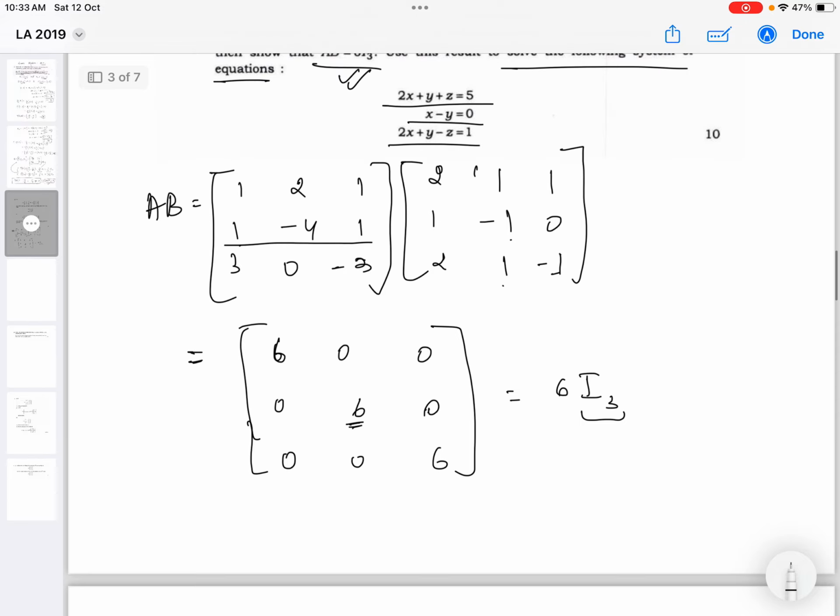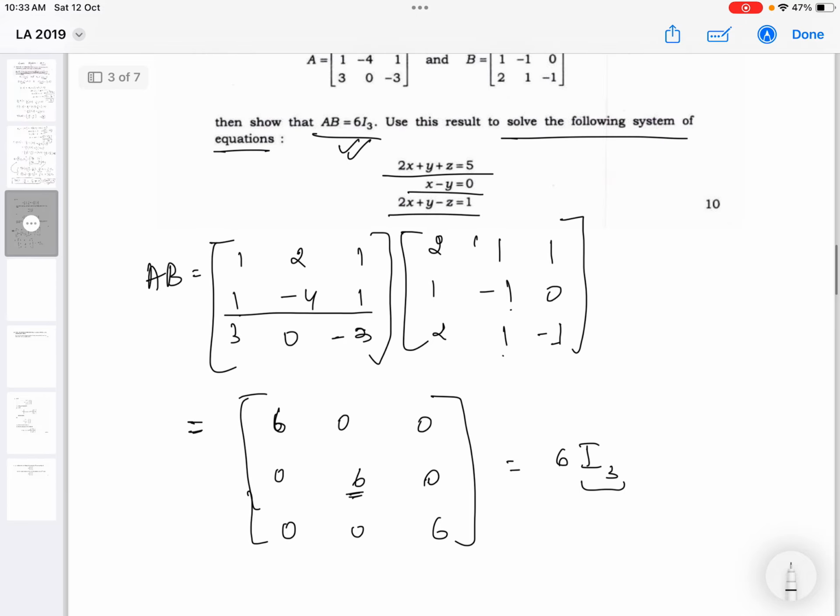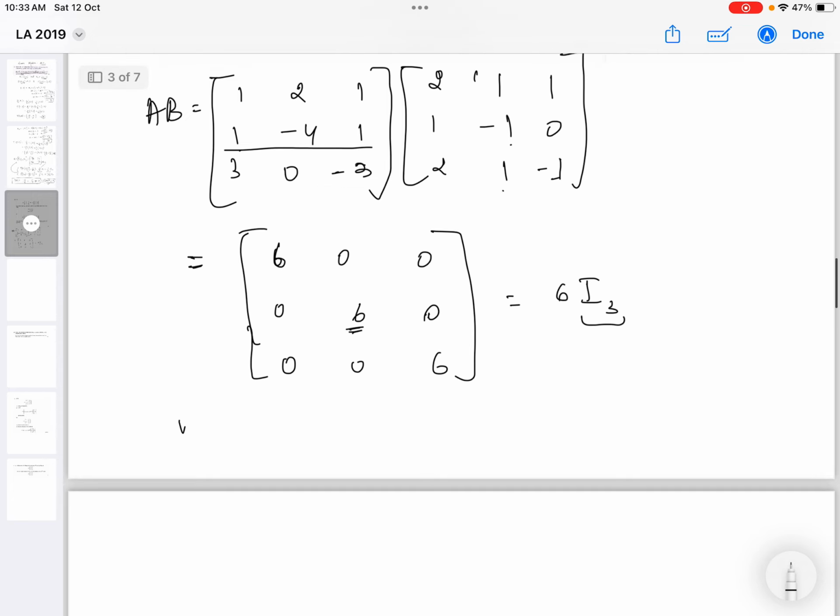So now what we need to solve is this equation. So we're writing the equation in matrix form.